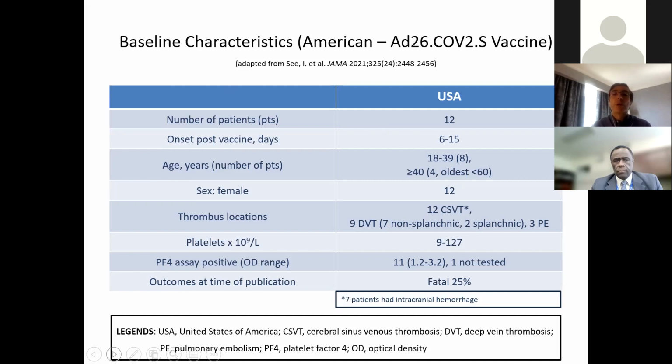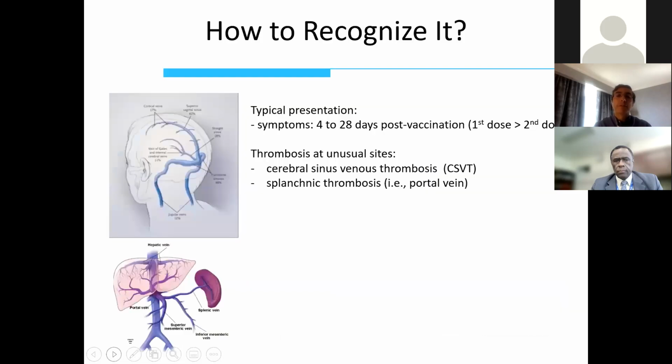Young adults more commonly, and of the ones aged 40 or older, getting as high as 60 and not 77 as shown in the initial European patients. A female preponderance similarly, similar thrombotic location and thrombocytopenia, and the positivity for the PF4 with fatality of 25%. Next slide, please.